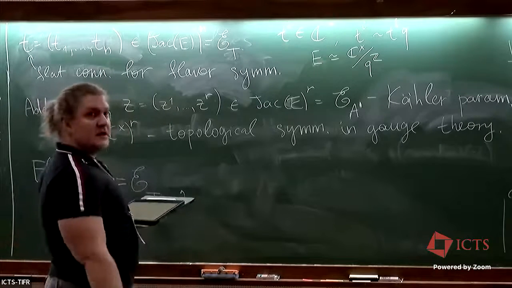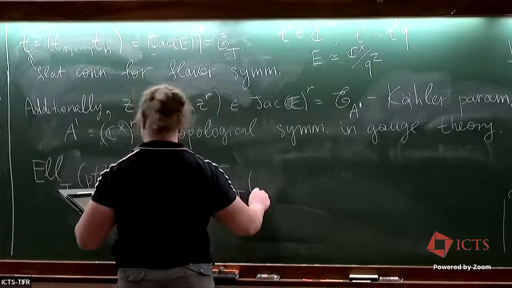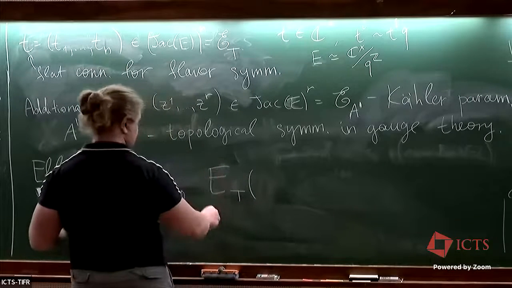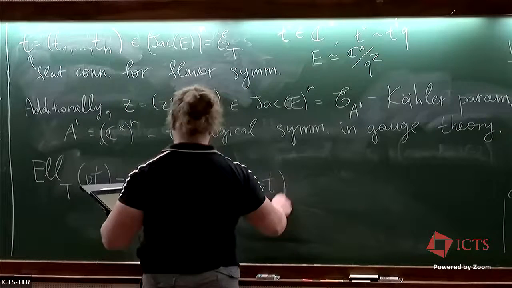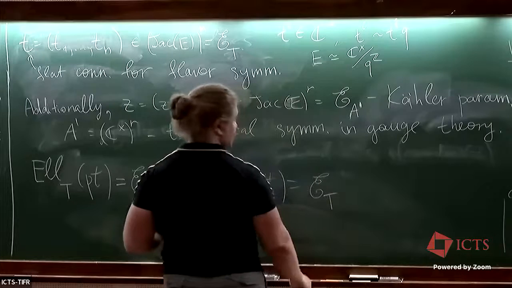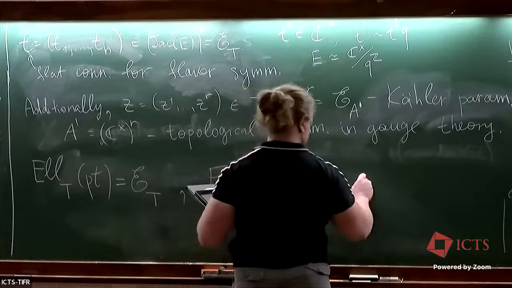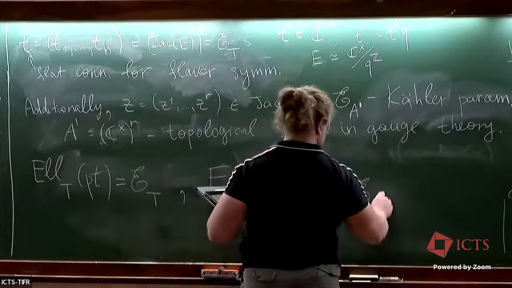Sometimes people also consider the extended equivariant elliptic cohomology, which is denoted just E, in which case one also throws in this variety of flat topological connections.